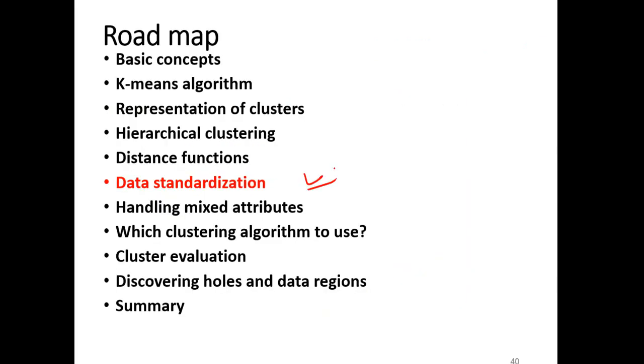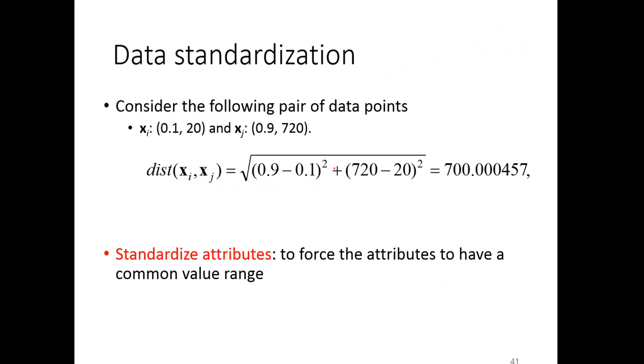Data standardization is important. So how do we do data standardization? Why is it important? Now consider the following pair of data points, and we'll see what's wrong if we use raw data in clustering. Here is xi, which is 0.1 and 20, and xj, which is 0.9 and 720.